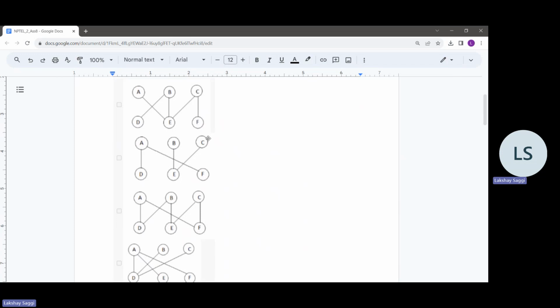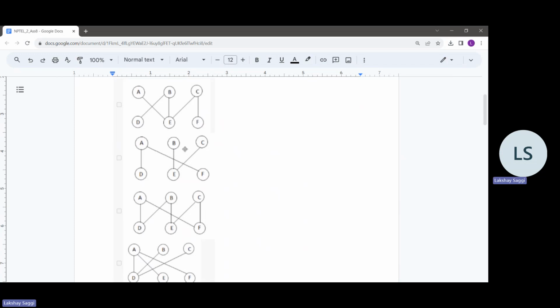And C has a degree of 1 only. So the only way this vertex C can be covered is by this edge C comma E. So if we want to have a complete matching, then this C comma E edge should be included in the matching.